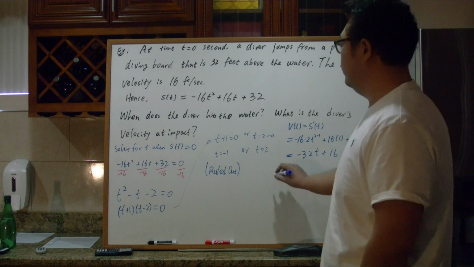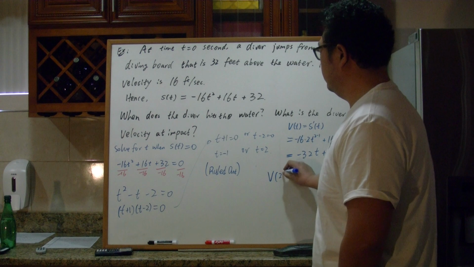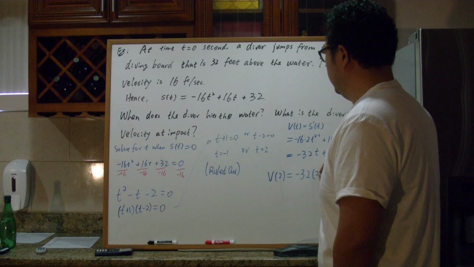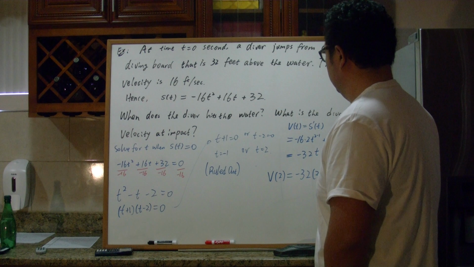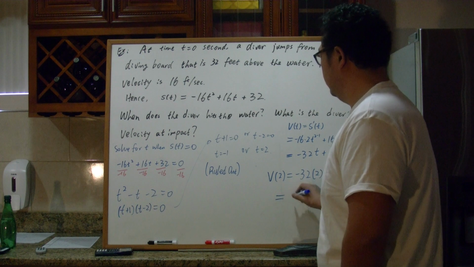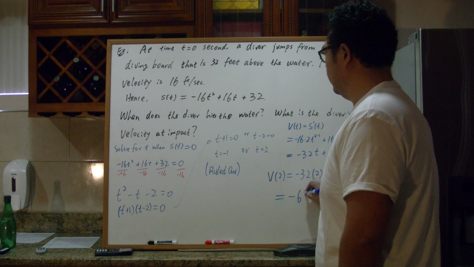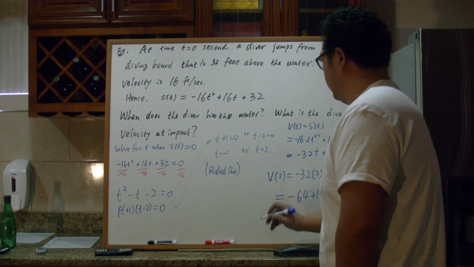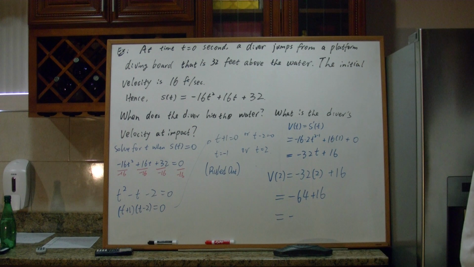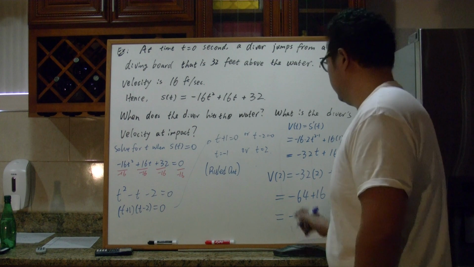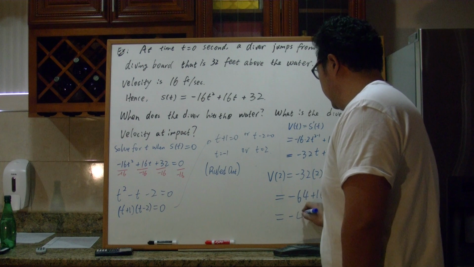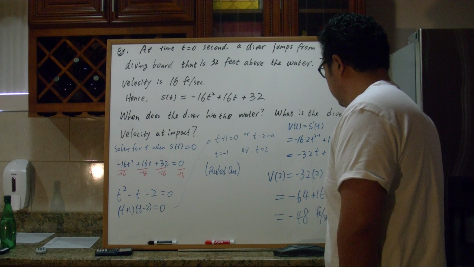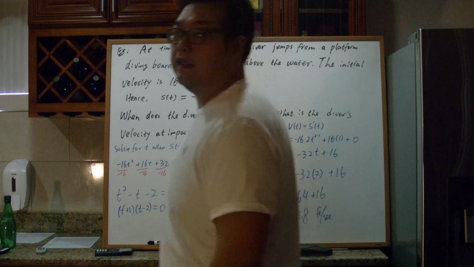The velocity at t equals 2 is negative 32 times 2 plus 16, which is negative 64 plus 16, which is negative 48 feet per second.